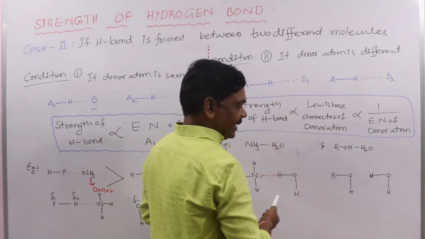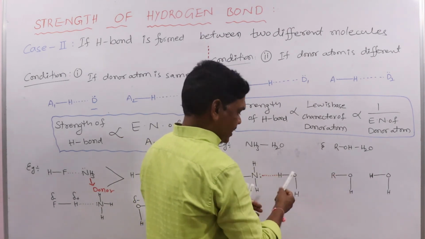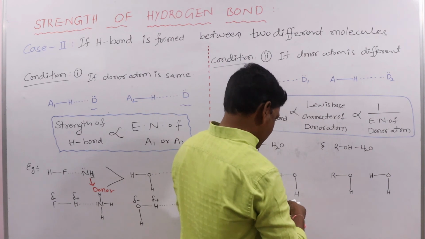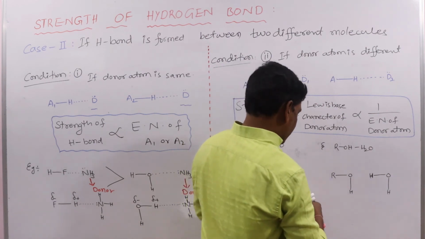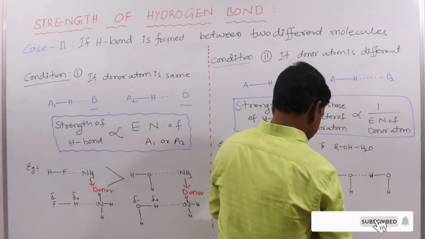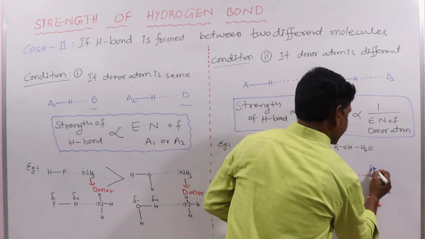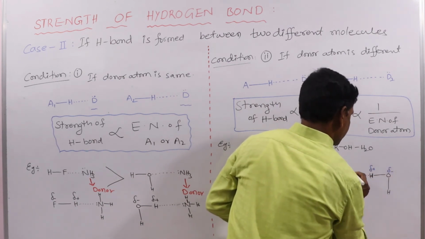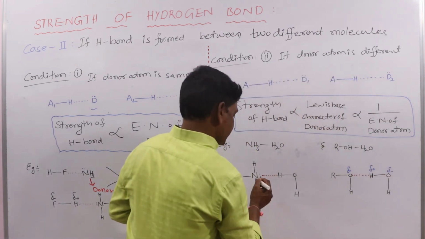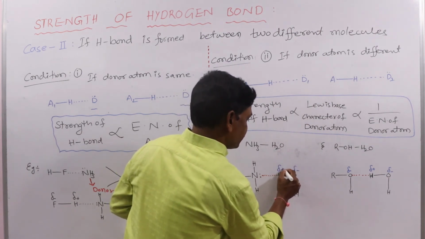Which one can easily give a pair of electrons? This one. Okay, so now the alcohol acts as a donor atom. So partially it gets a positive charge, and it gets a negative charge. Here it partially gets a negative charge, partially gets a positive charge.